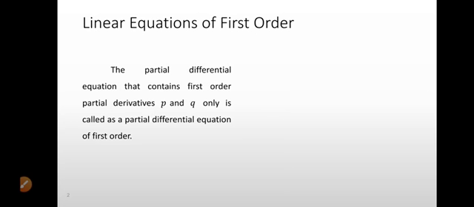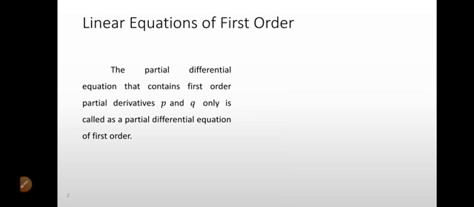We have seen that the partial differential equation contains x, y, z, p, q, r, s, t. p and q are the notations used for first order partial derivatives of the function z or any function which is dependent on one or more independent variables.